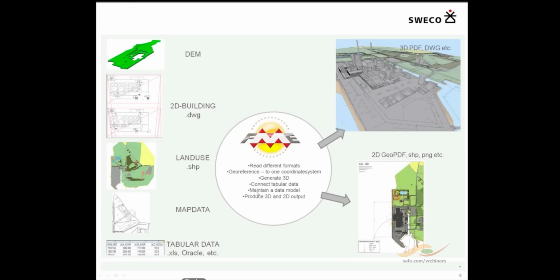And all this is entered into FME, where we mash it together. That's a good word, I think. And a good thing with this is that we can decide what we would like to output. We do output a lot of 3D PDF, but we can also write three-dimensional AutoCAD files, and of course 2D if that's wanted, even if we stored this in 3D.